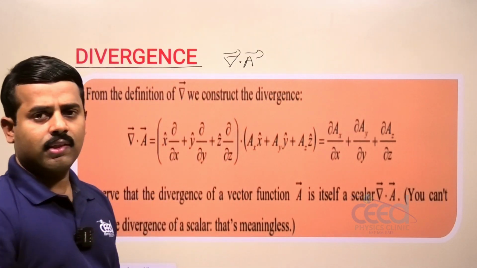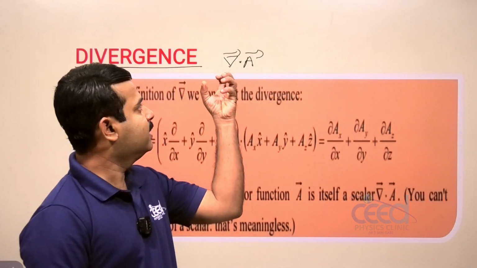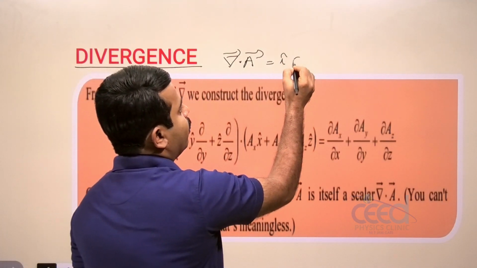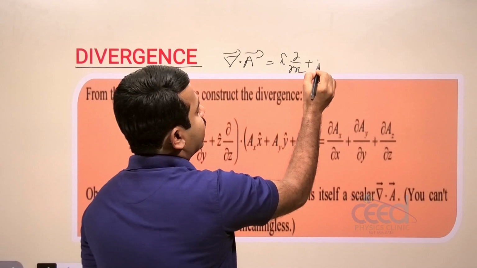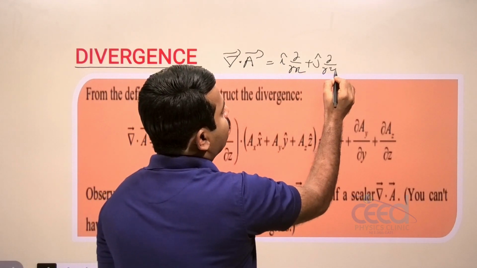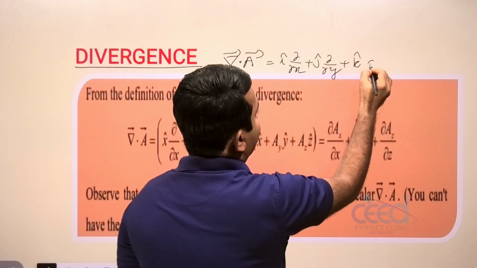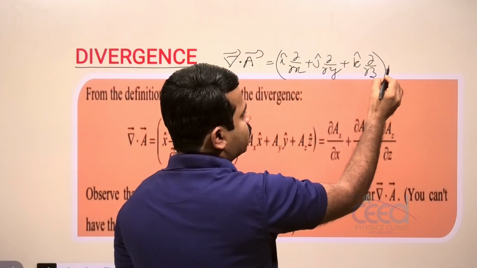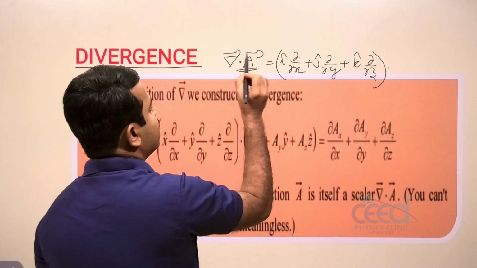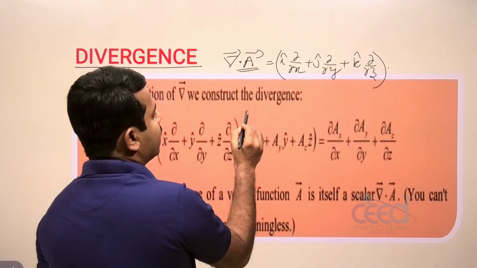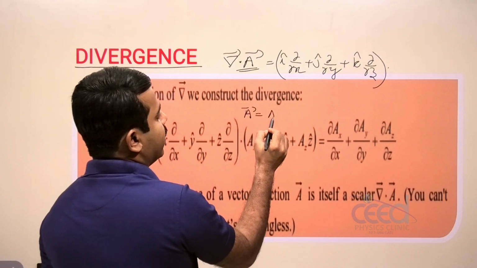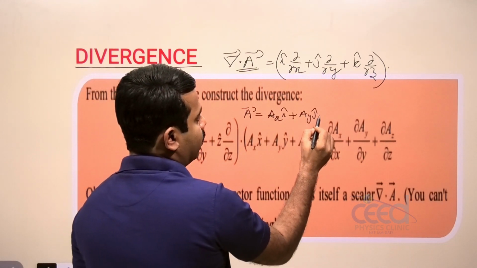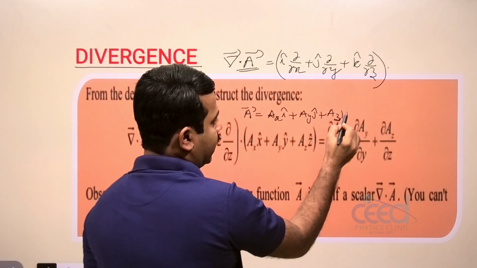We have seen what this del operator is. What is the del operator? I cap dou by dou x plus j cap dou by dou y plus k cap dou by dou z. Now dot, suppose A is a vector function, that is ax I cap plus ay j cap plus az k cap.